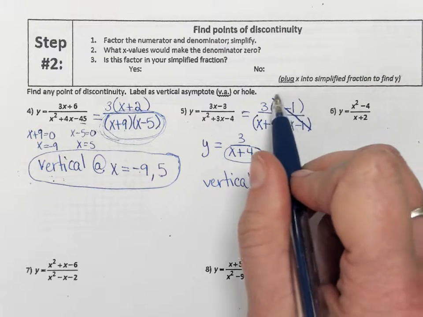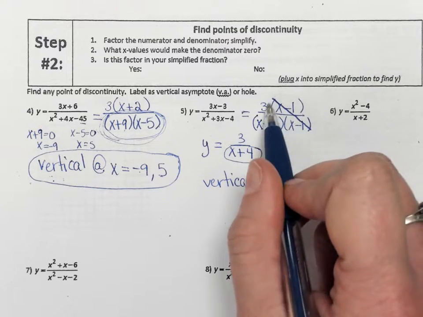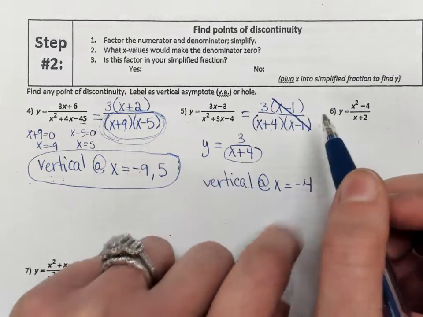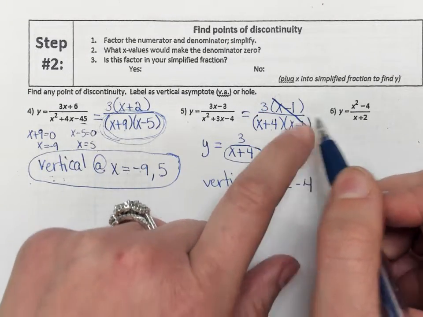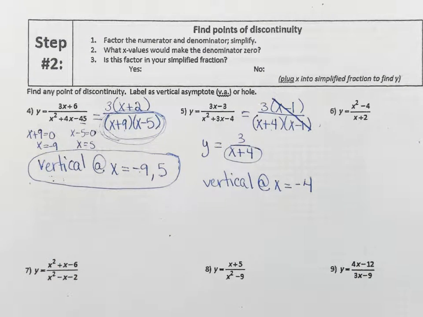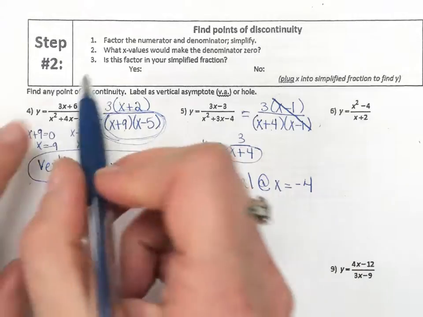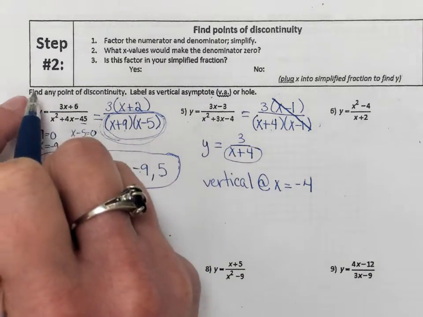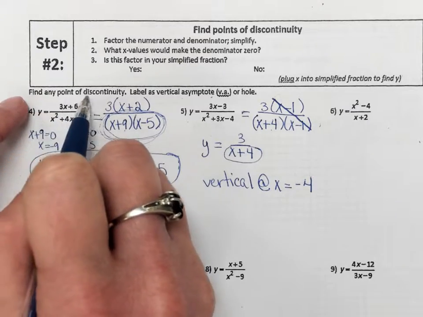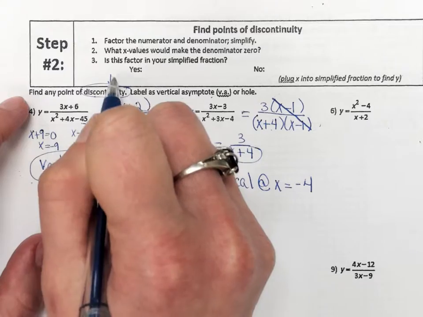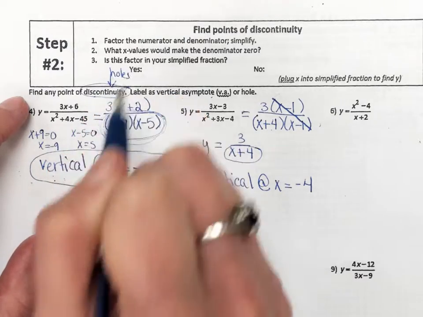Now when the x minus 1's canceled, if I'm taking that out of my equation, then I'm taking that out of my graph as well. Look at what it says right here. It said label vertical asymptotes. It also said find any points of discontinuity. So points of discontinuity are called holes.